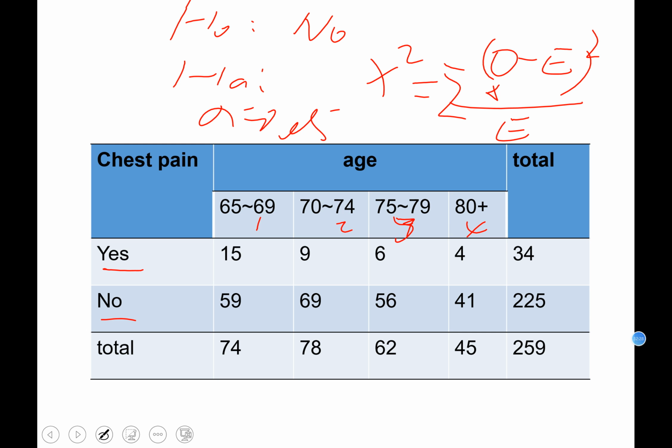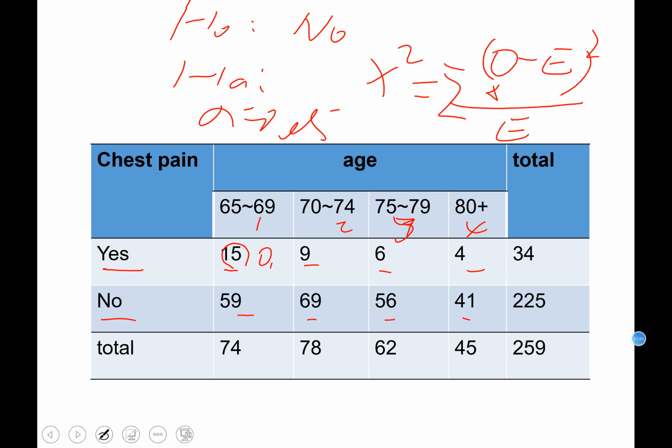And here we have 1, 2, 3, 4, 5, 6, 7, 8. We have 8 cells in this table, and all of the numbers listed in these 8 cells are the numbers for O.